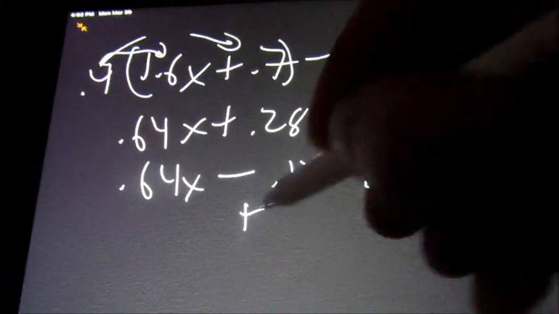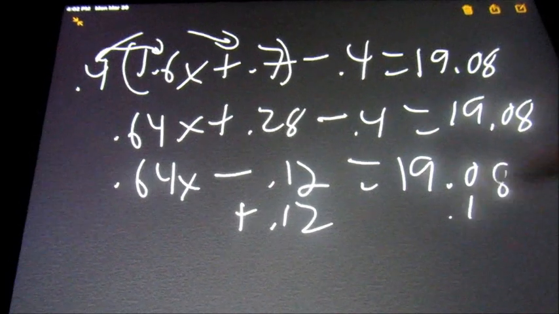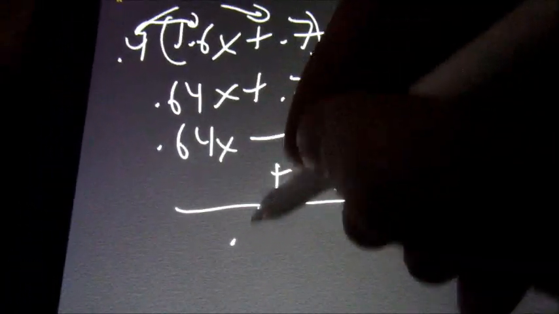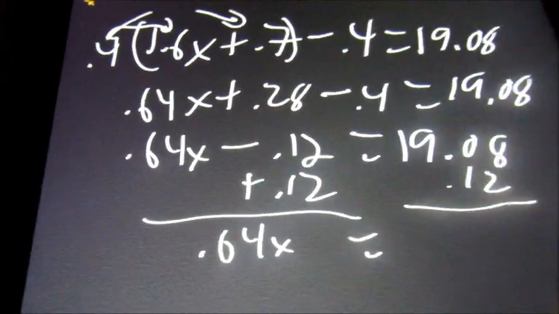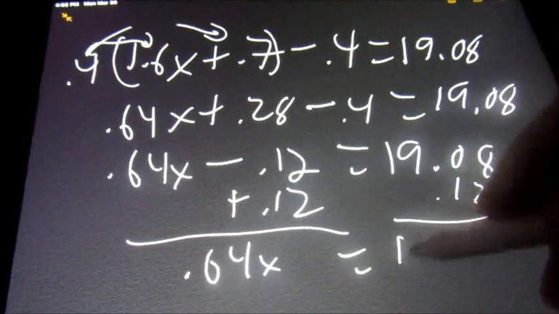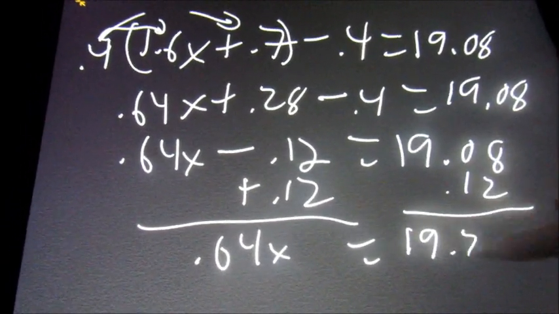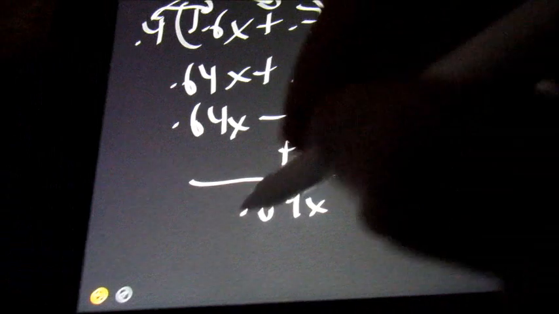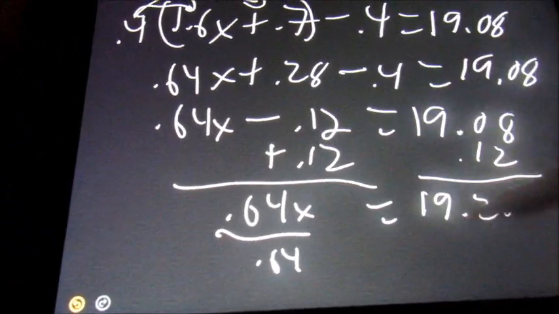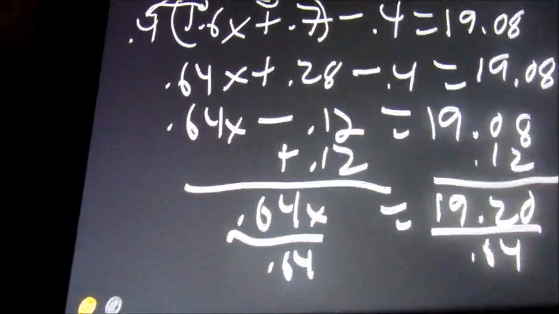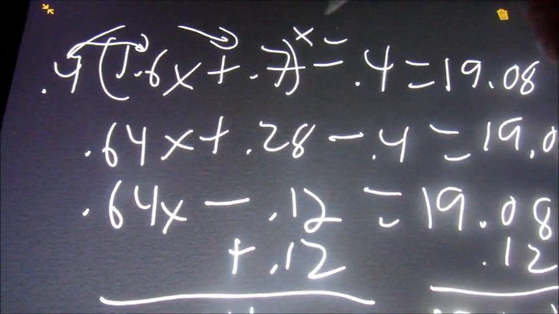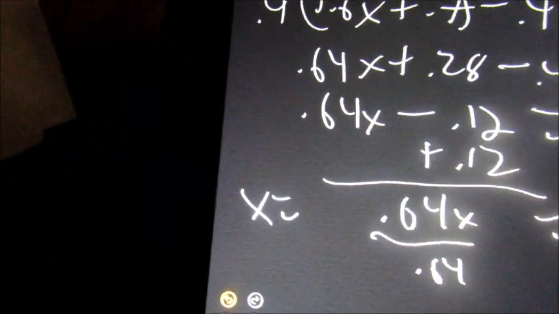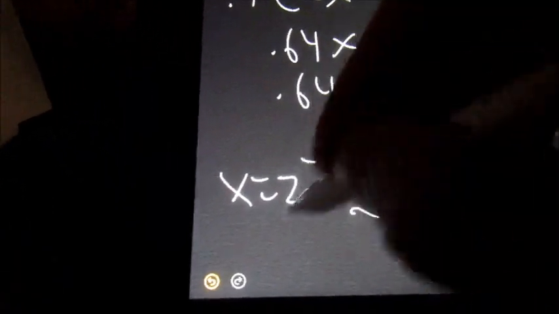I'm going to add the 0.12 to both sides. 0.64x equals 19.20. Divide both sides by 0.64, and we're going to get x equals 30.